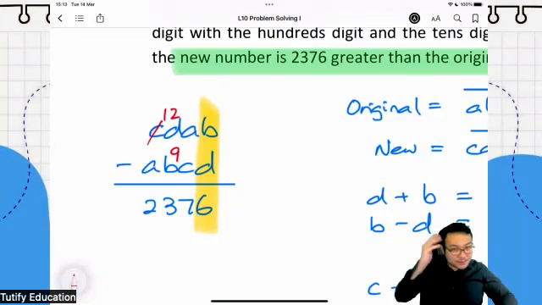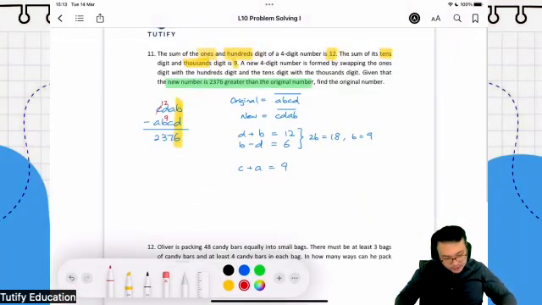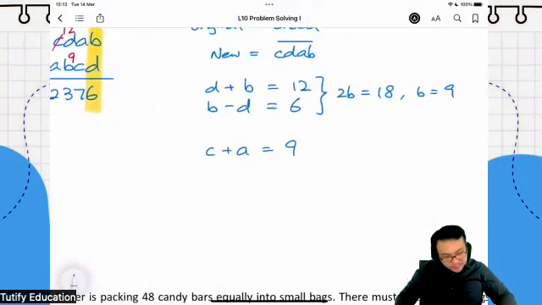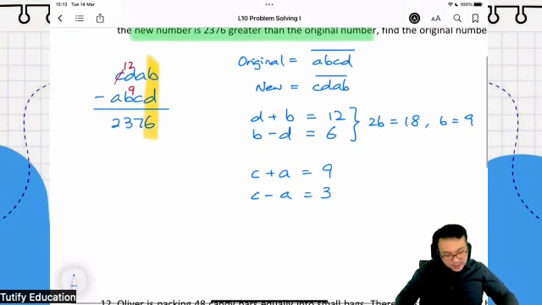So C should actually be one more. So C minus A, instead of 2, what should it be? 3. Correct. Because you already lent 1 to the other number.